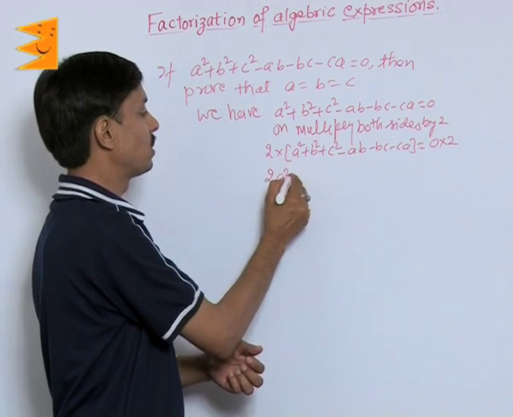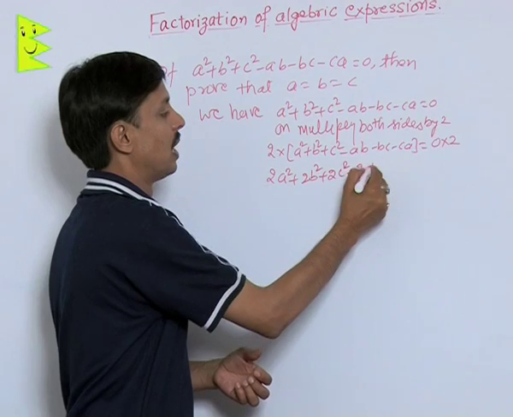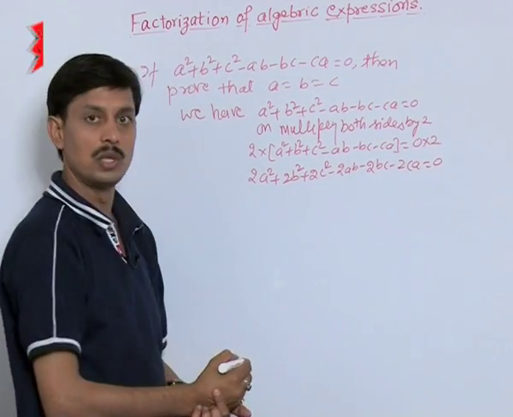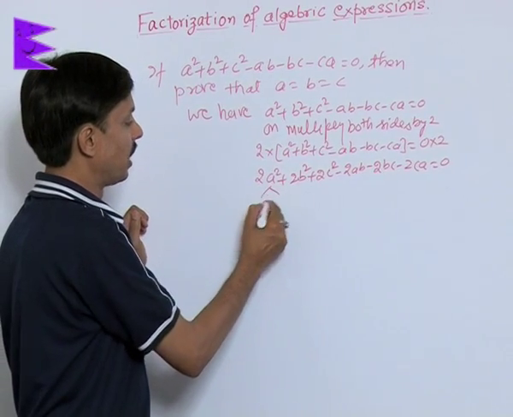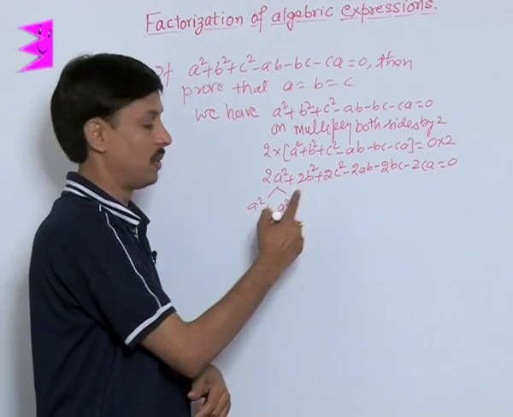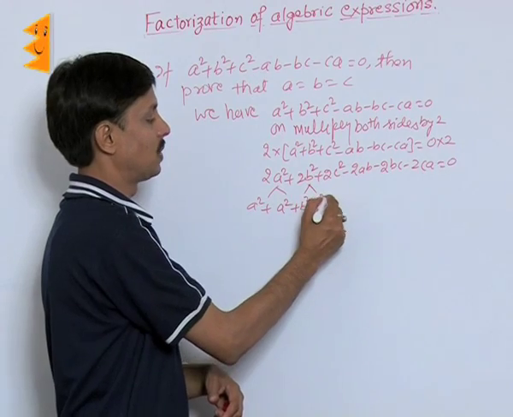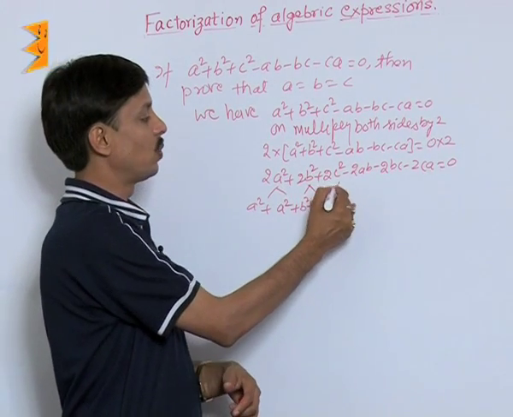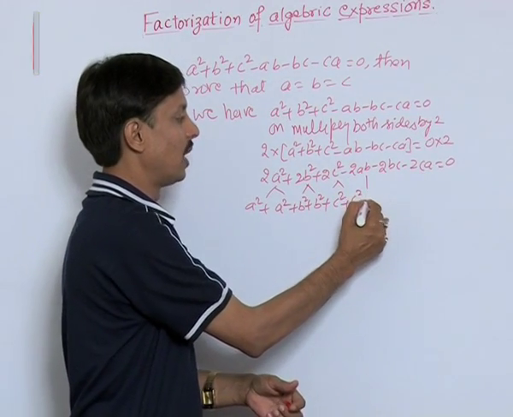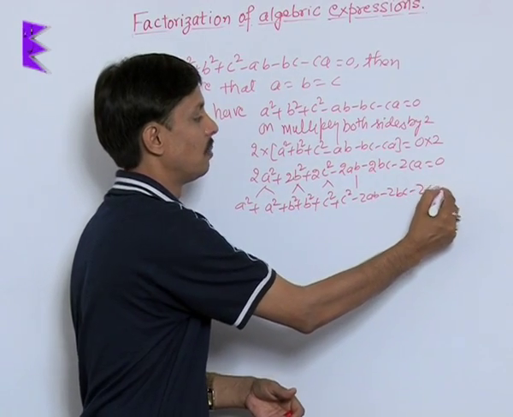This becomes 2a square plus 2b square plus 2c square minus 2ab minus 2bc minus 2ca is equal to 0. This can be written as a square plus a square, because 2a square can be written as a square plus a square. 2b square can be written as b square plus b square. 2c square can be written as c square plus c square, and the remaining values minus 2ab minus 2bc minus 2ca is equal to 0.